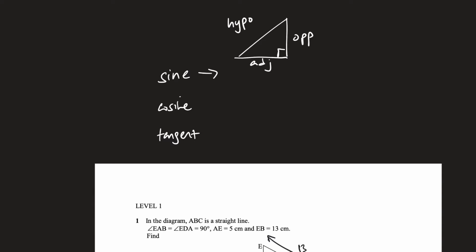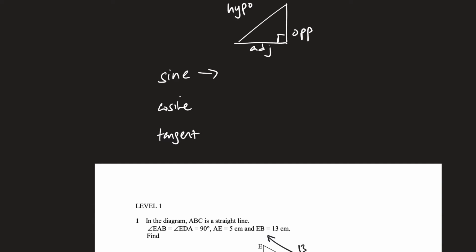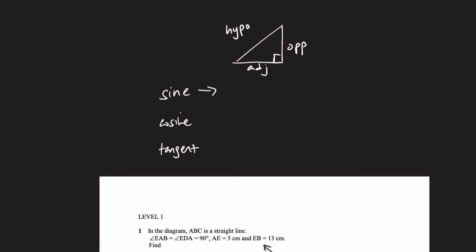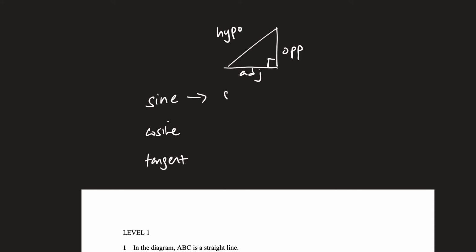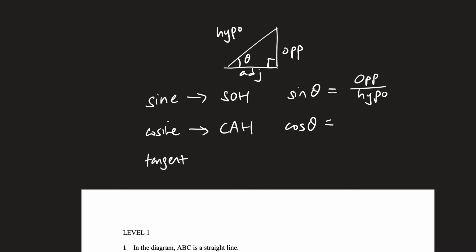Let me just move that up a little bit. So for sine, we know the acronym SOH, which means sine of, let's say this angle, let's call it theta, would be opposite over hypotenuse. Then cosine is CAH, so adjacent over hypotenuse.